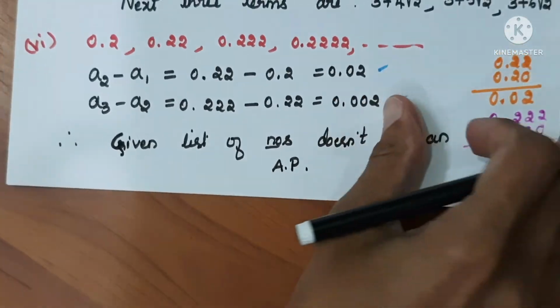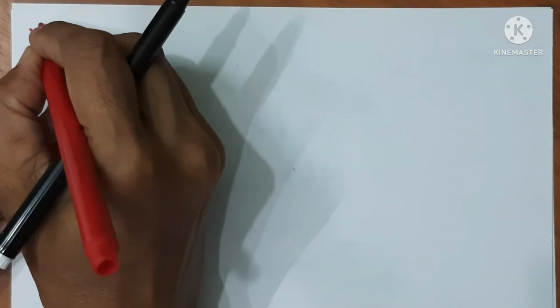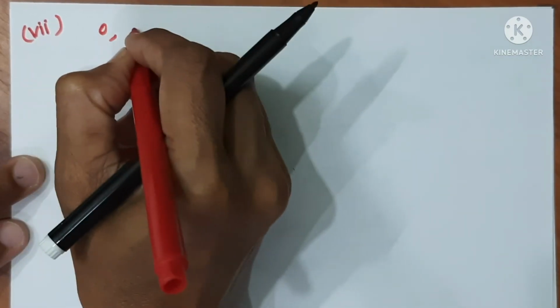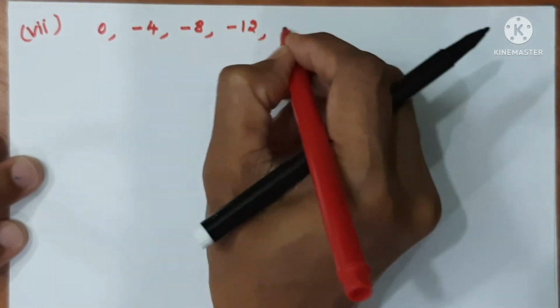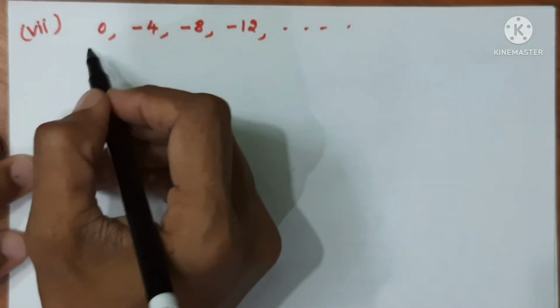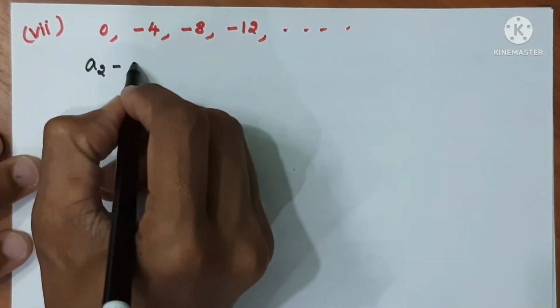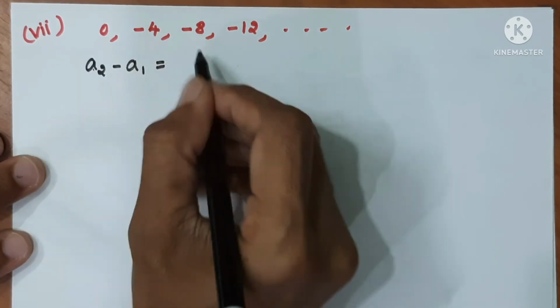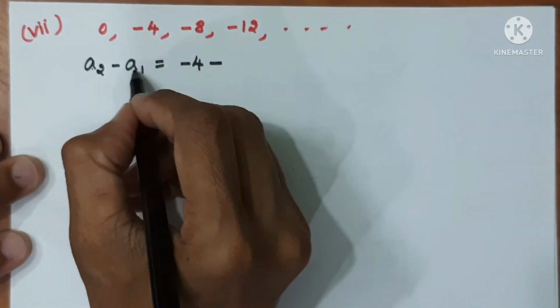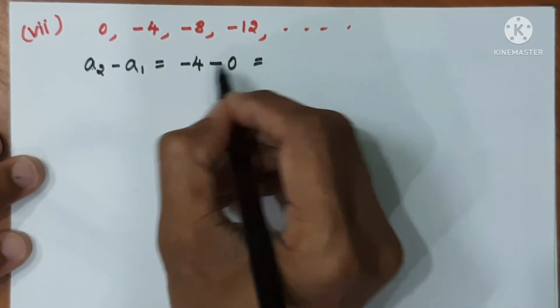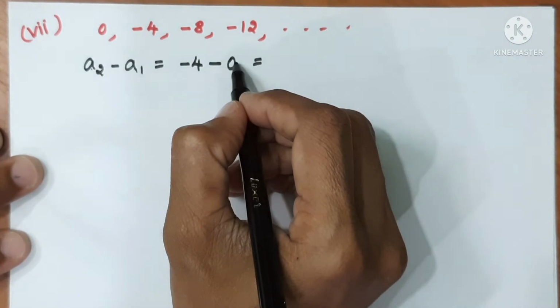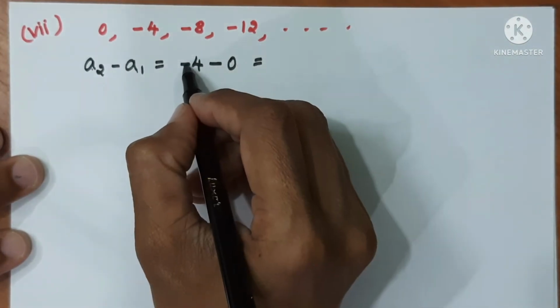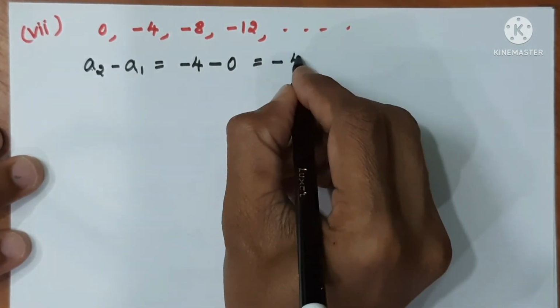Okay, let us see the next one. Now the seventh one is 0, minus 4, minus 8, minus 12 and so on. First let us find the difference. A2 minus A1 equal to second term is minus 4 minus first term is 0. Since they are having the same sign, we have to add 4 plus 0 is 4 and the bigger number is having the minus sign, so we get minus 4.